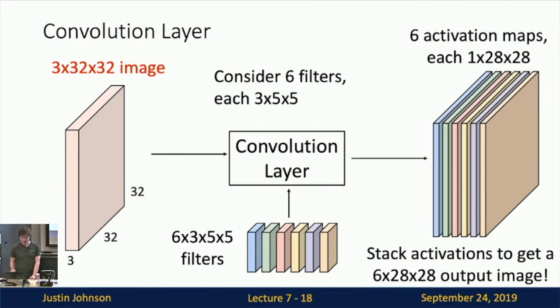So now we can consider concatenating all of those activation maps, which are the responses of the input image to each of our 6 convolutional filters. And we can concatenate all of those activation maps into a single 3-dimensional tensor, which in this example has size 6 by 28 by 28.